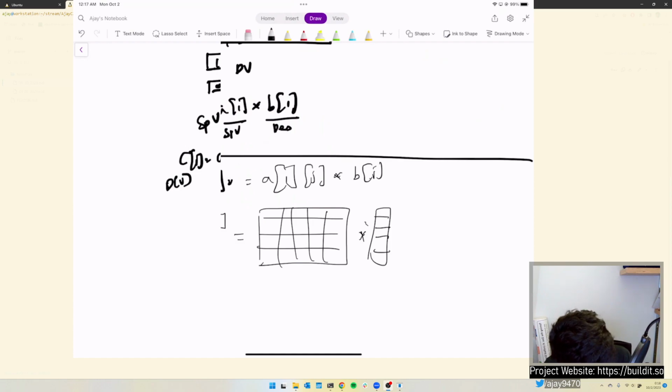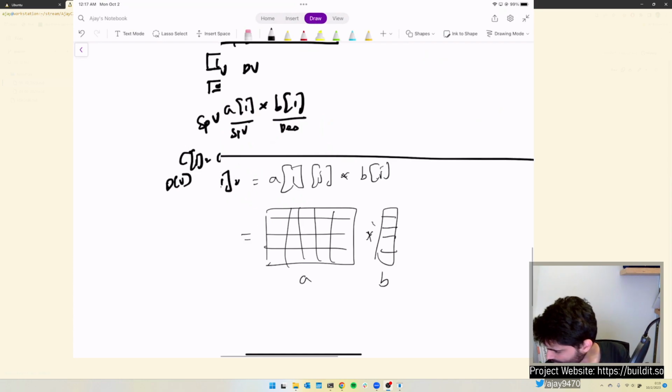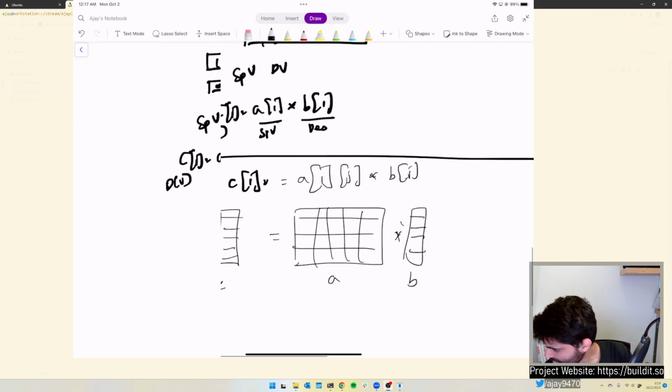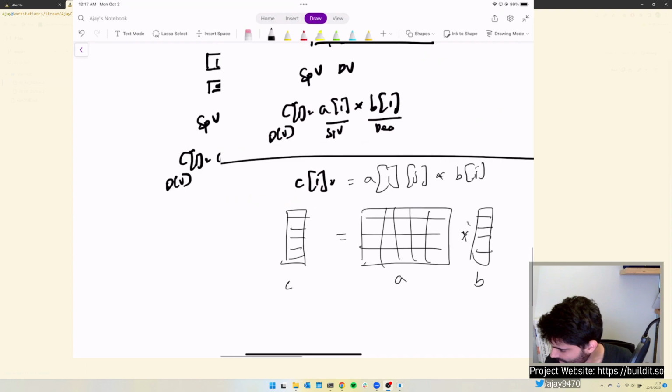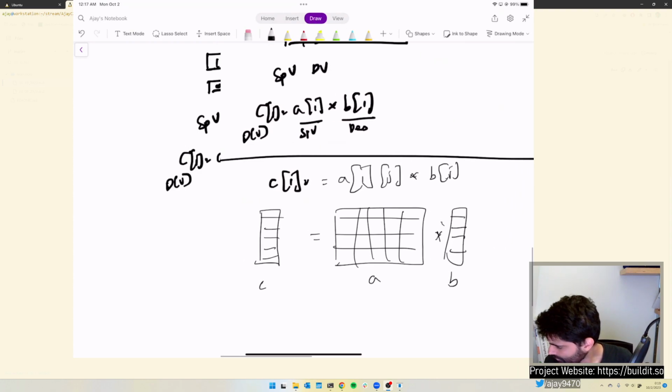No, no, no. I wrote it wrong. Dimensions don't match. It should be like this. So this is C, this is A, this is B. We are doing a product between a matrix and a vector. Oh, wait, this was not updating for some reason.